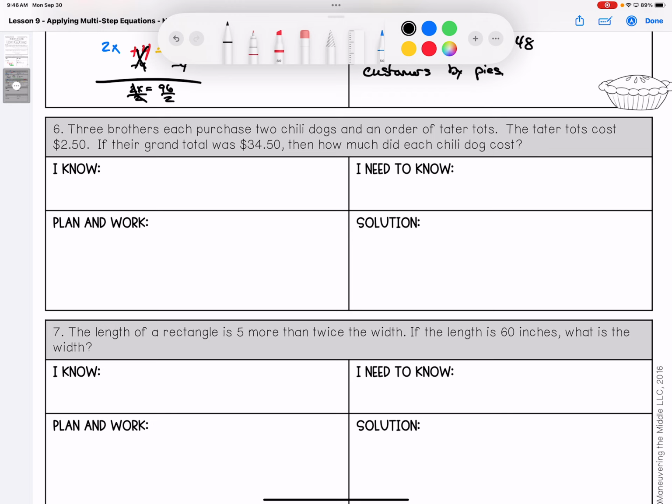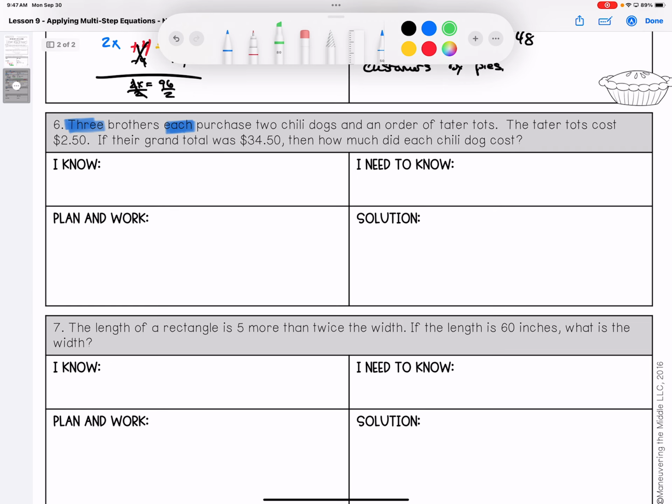Number 6. 3 brothers each purchase, that probably means multiplication. Each person bought this, whatever it is. So it's going to be 3 times whatever they bought.